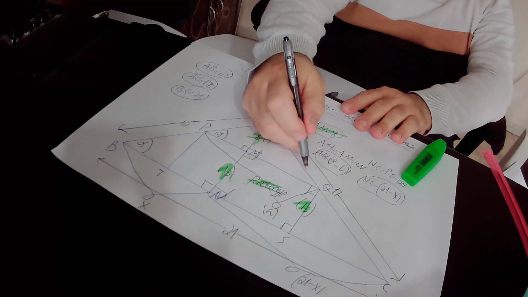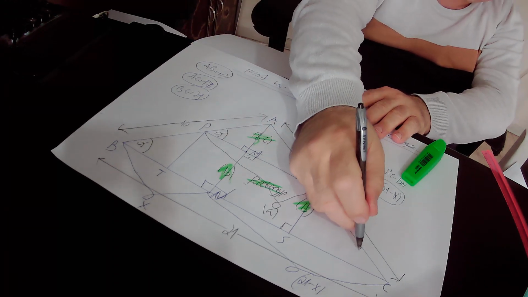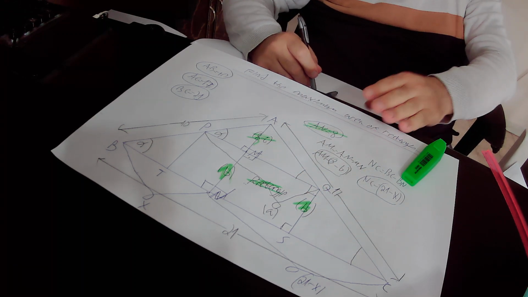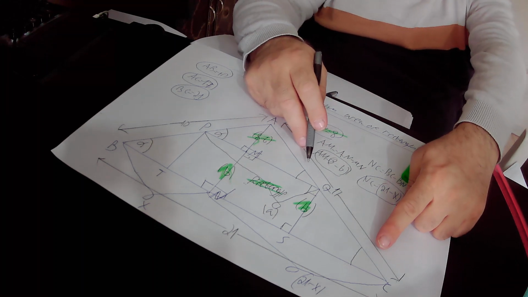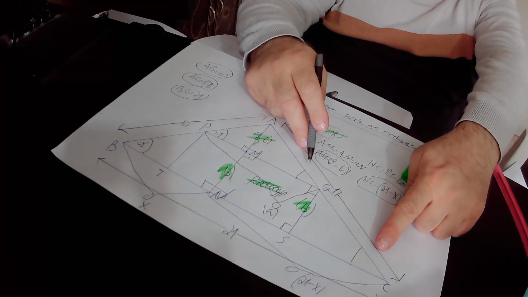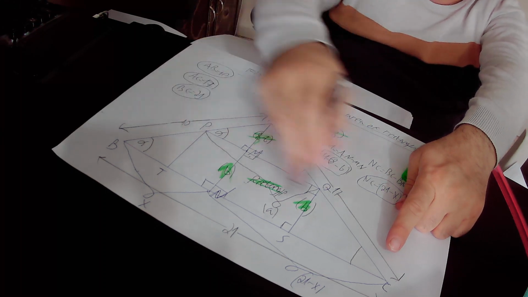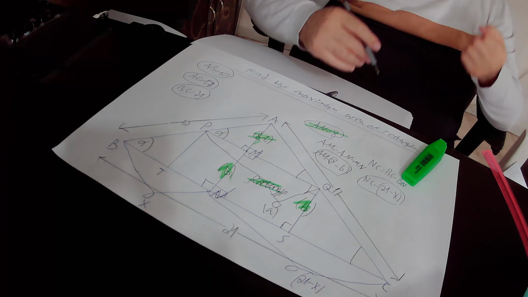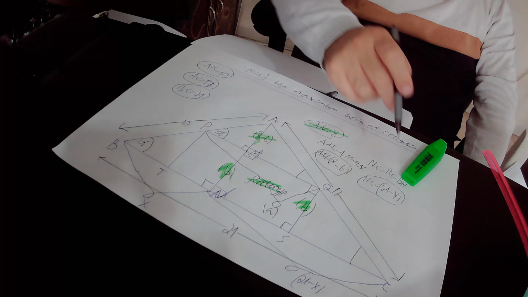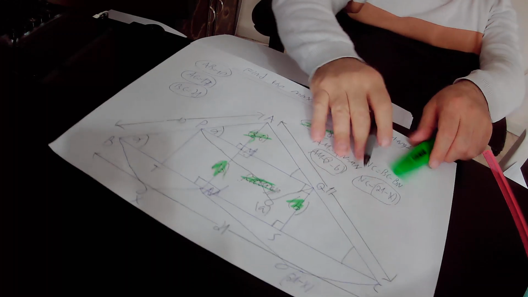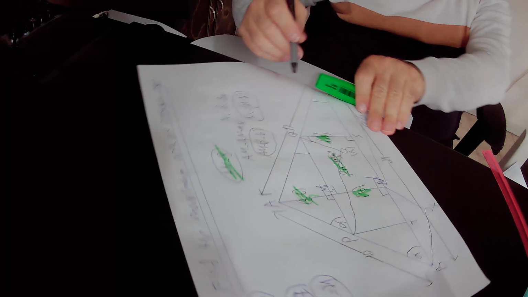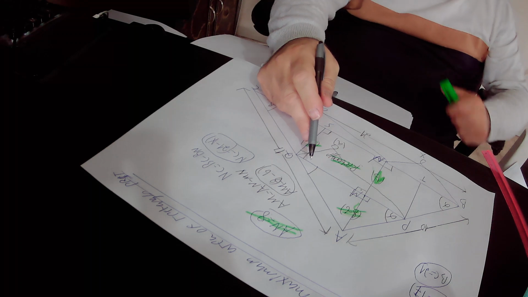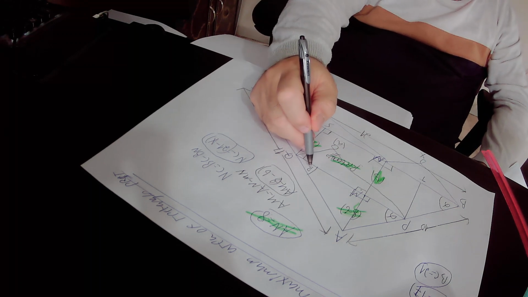Likewise, those two angles are also defined as corresponding angles between the same two parallel lines PQ and BC, and therefore they are equal to each other. So if we define this angle as beta, then this angle must also equal beta.